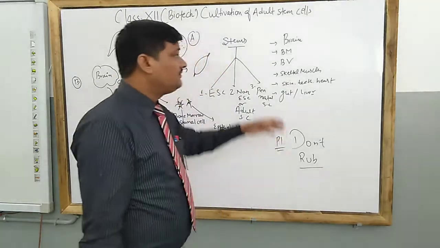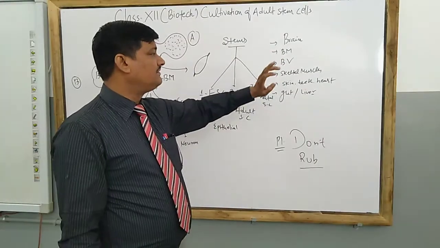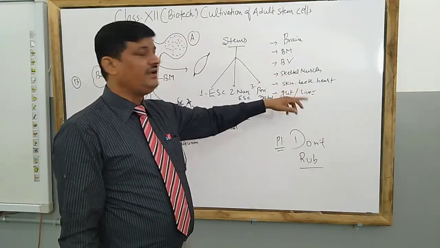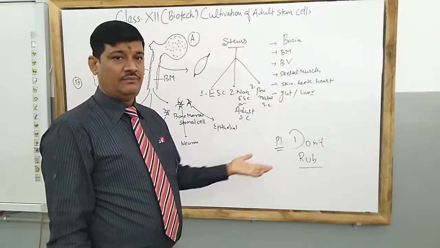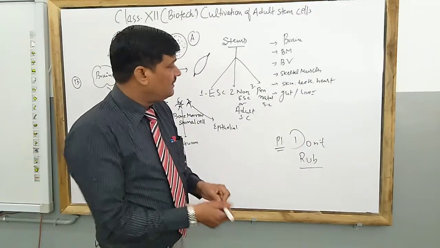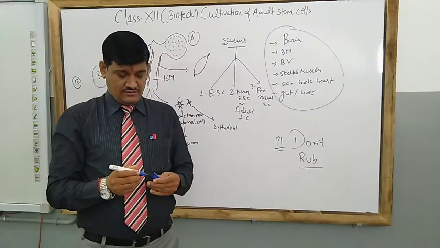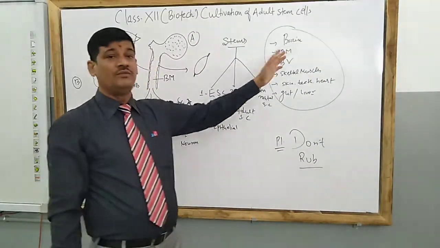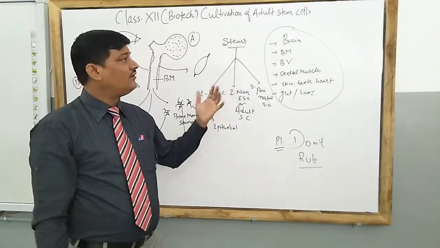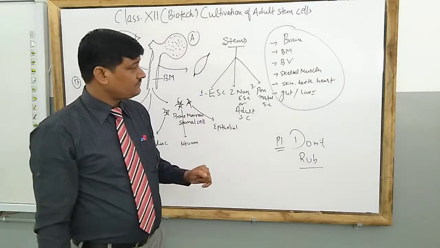For example, brain, bone marrow, blood vessels, skeletal muscles, skin, teeth, heart, liver, and our gut. So these are some of the important well developed adult organs. From there we are extracting or selecting different kinds of stem cells.